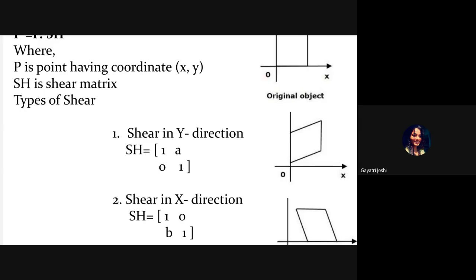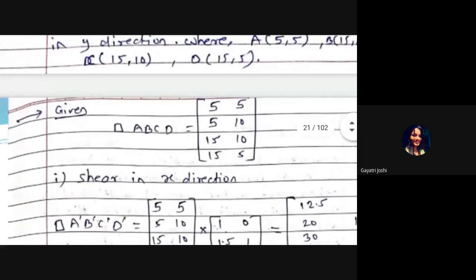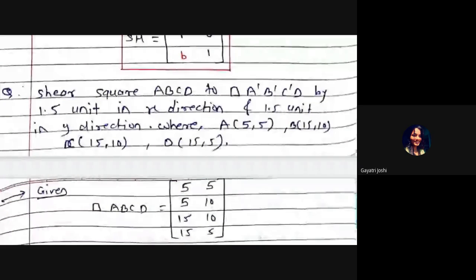So try to understand and remember this transformation matrix. What is the problem? Shear square ABCD to the square A dash B dash C dash D dash by 1.5 unit in x direction. Here the question is shear in x direction. Now what is the formula for x direction shear?